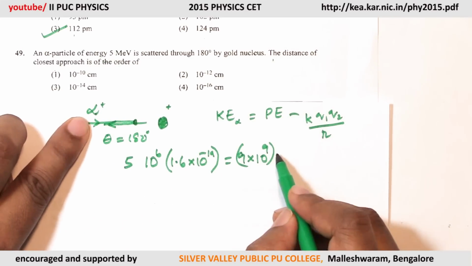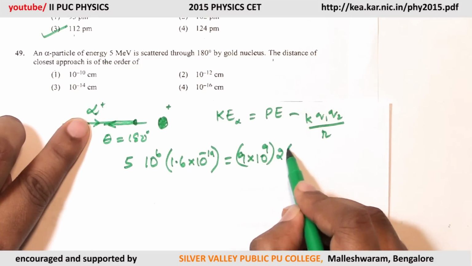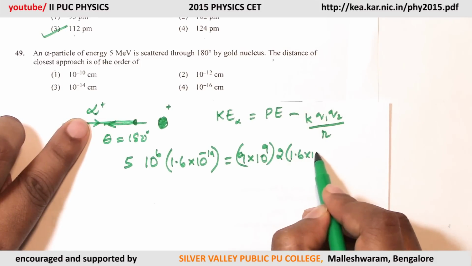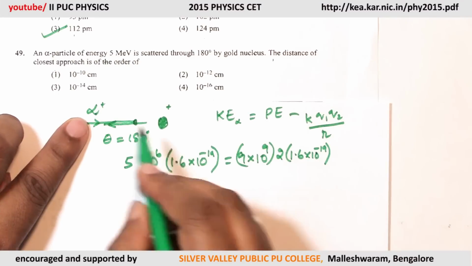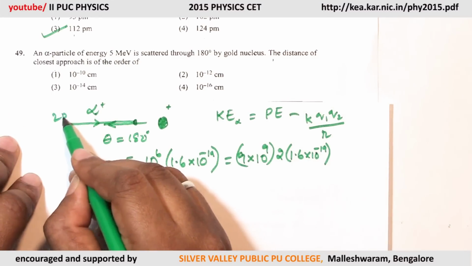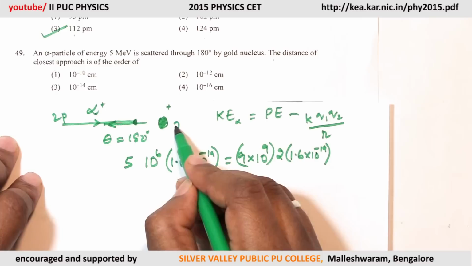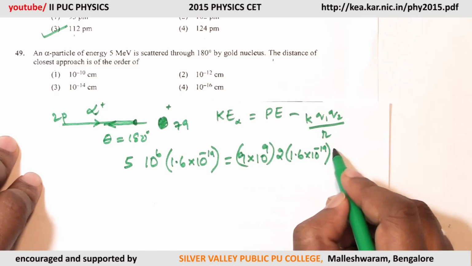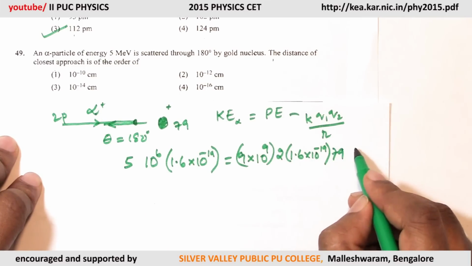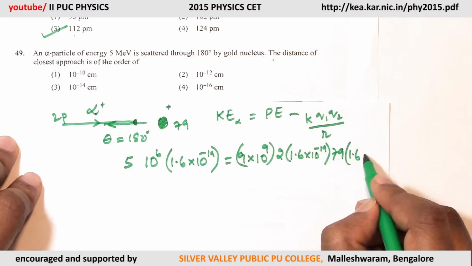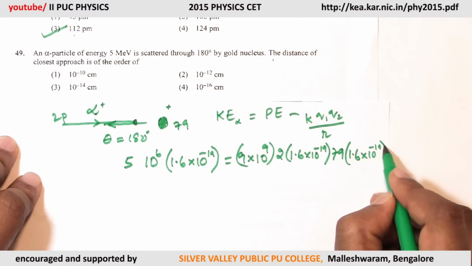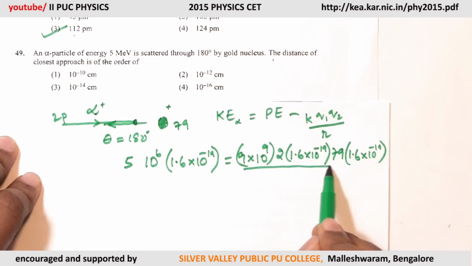Q1 is charge of alpha. It is 2 times 1.6 10 power minus 19. There are 2 protons in alpha. And gold means atomic number is 79. It is 79 times 1.6 10 power minus 19, divided by R.